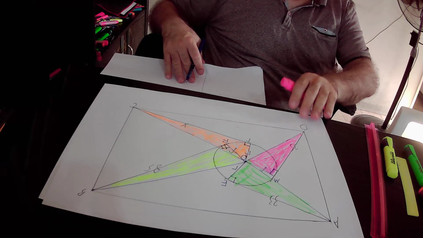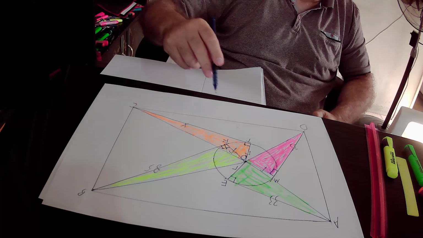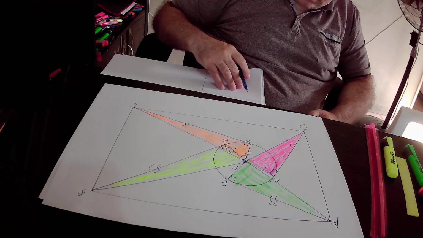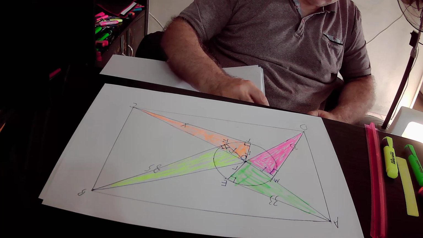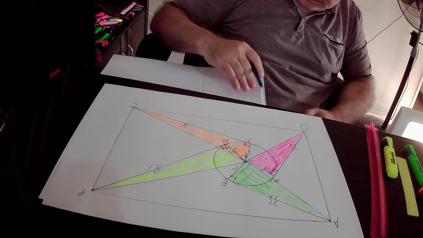In the next step, I will copy the rectangle ABCD with its circle inside, and we will do two constructions inside rectangle ABCD.